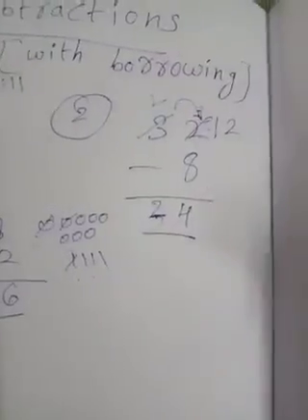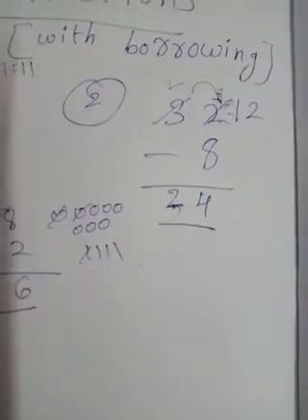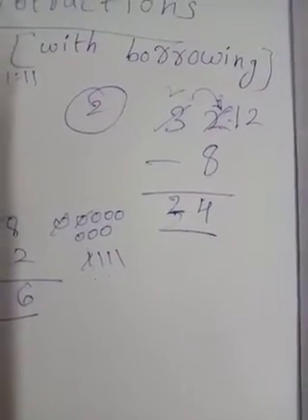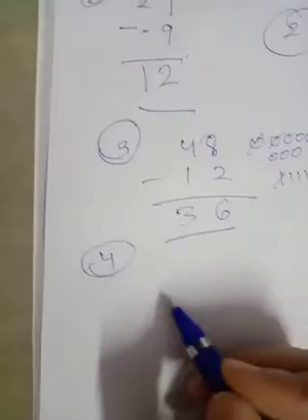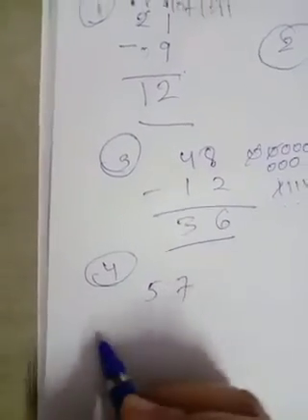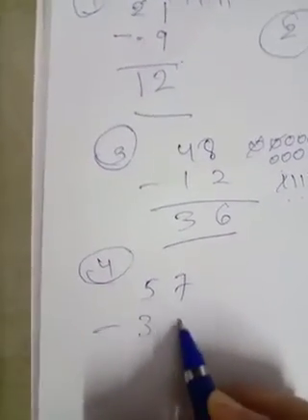The earlier ones were borrowing. Now we are using borrowing. 57 minus 39.